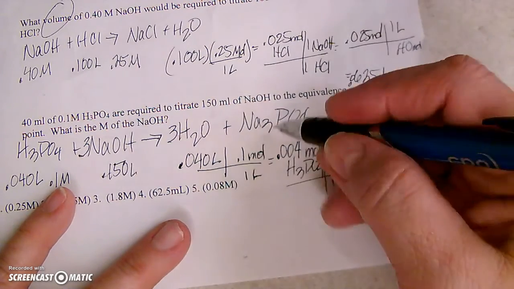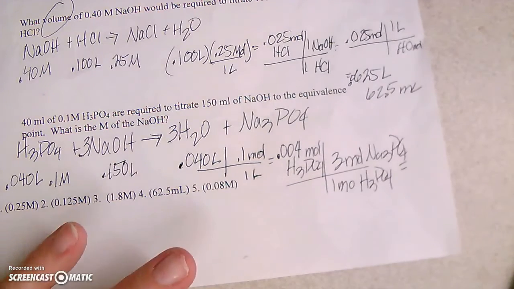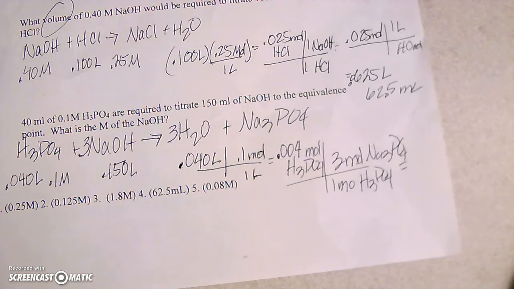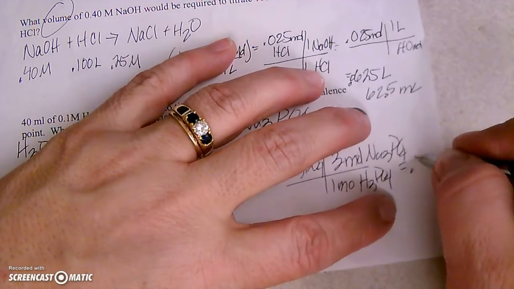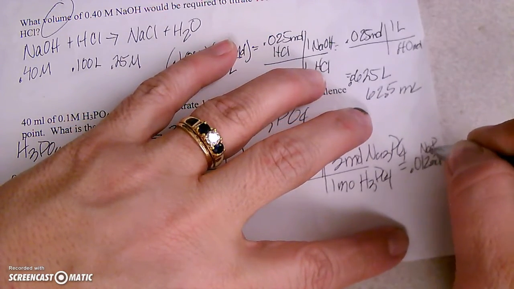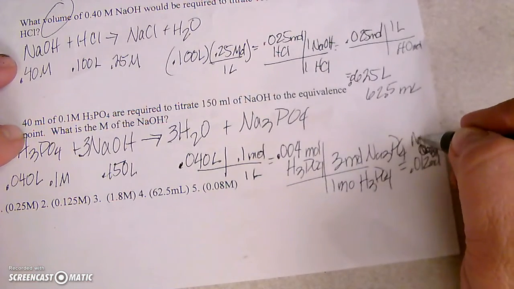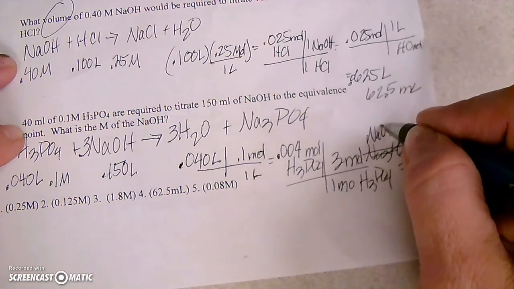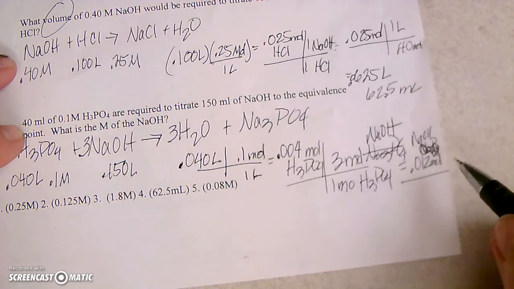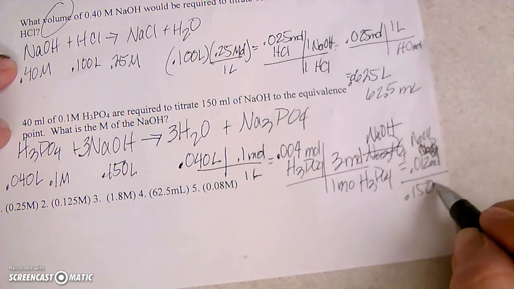So we're going to get 0.004 times 3, 0.012 moles NaOH. And then I have to divide by the volume, 0.150, to get the molarity.